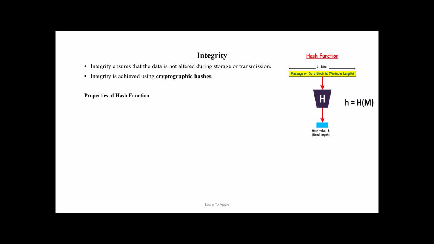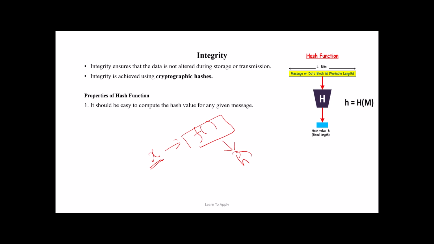So we'll look at some of the properties of hash functions. It should be very easy for us to calculate the hash of any given message. But before that, this is basically a one-way mathematical function that takes a variable size input and produces a fixed size output called the hash value, right?